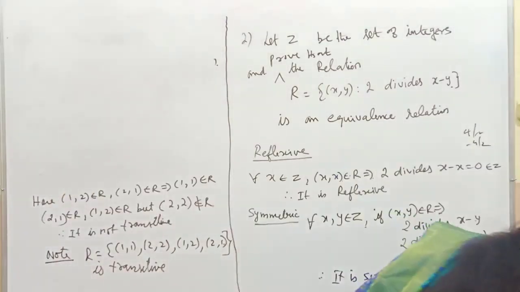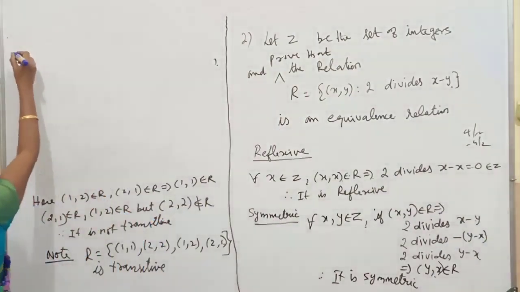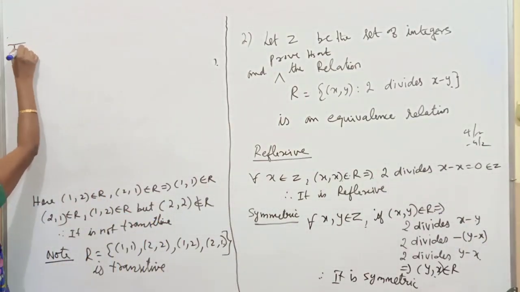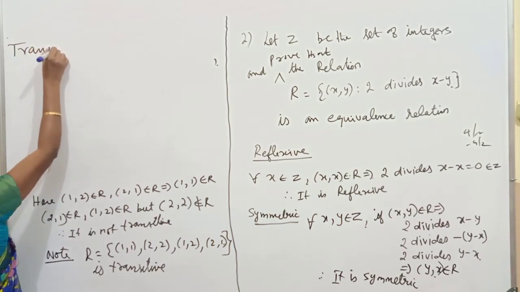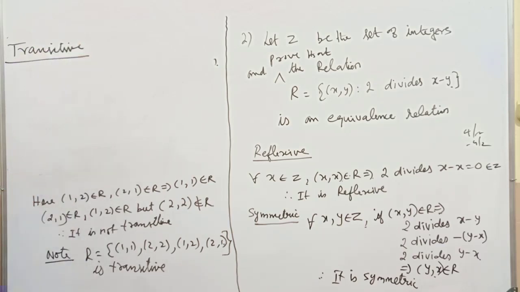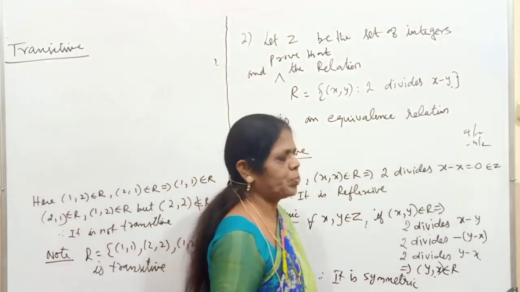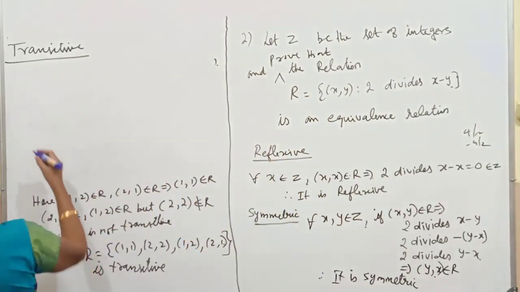Right. Next, we are going for transitive. Listen, how we are going to prove this. Any doubt in this? Right. Now, we'll continue.